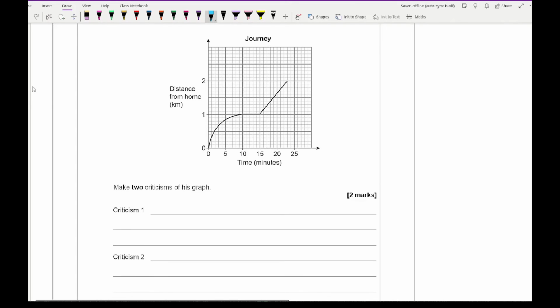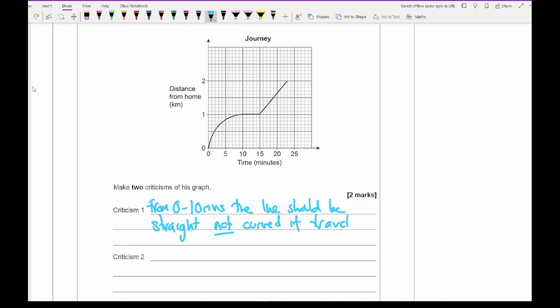Well, his first criticism is that from 0 to 10 minutes, the line should be straight, not curved, if travelling at a constant speed.